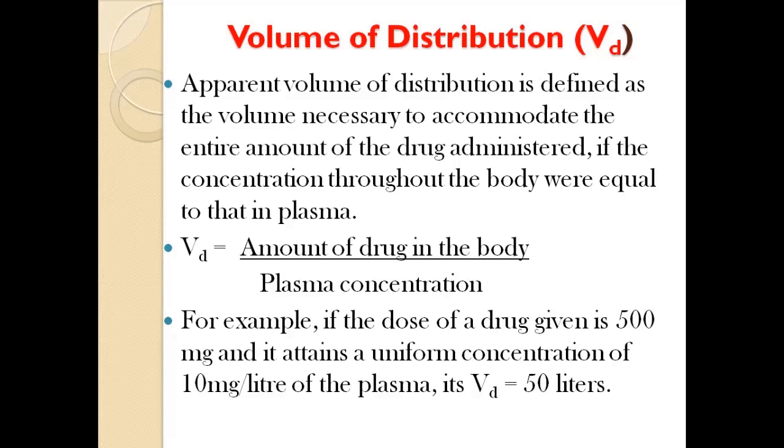You can put the values in the formula and calculate. Vd is equal to 500 divided by 10 mg per liter, which is equal to 50 liters.